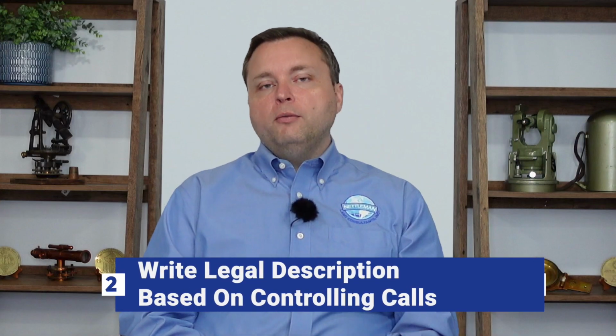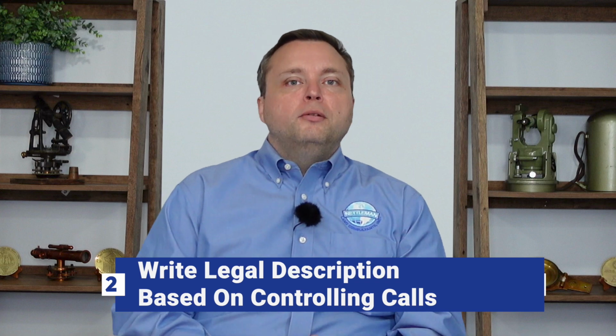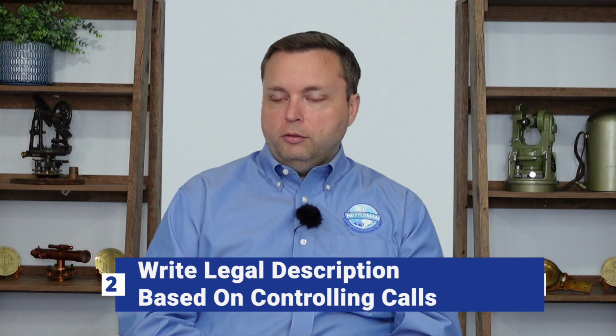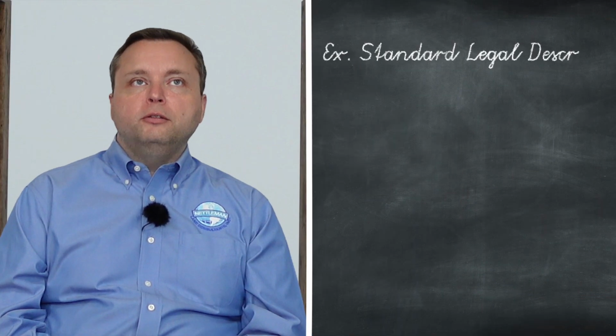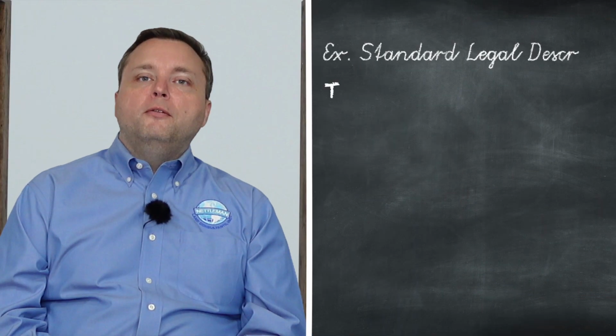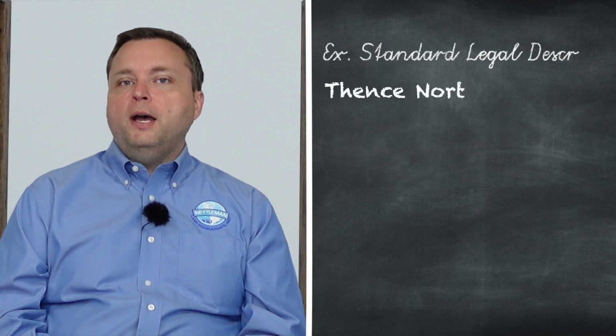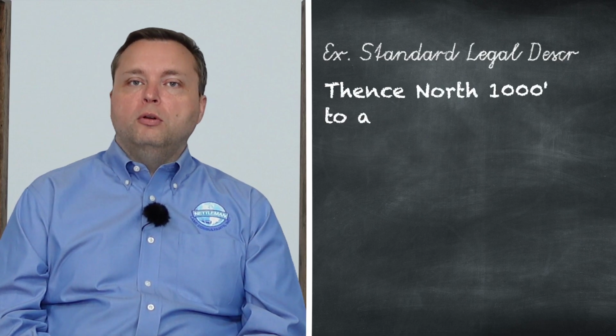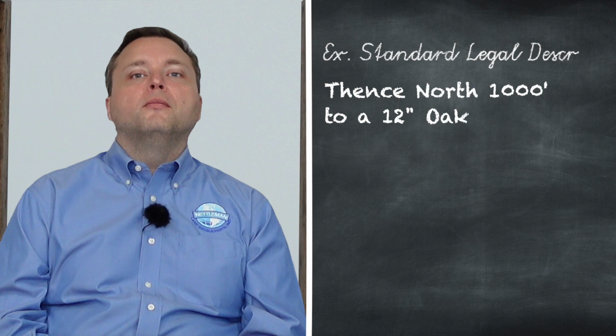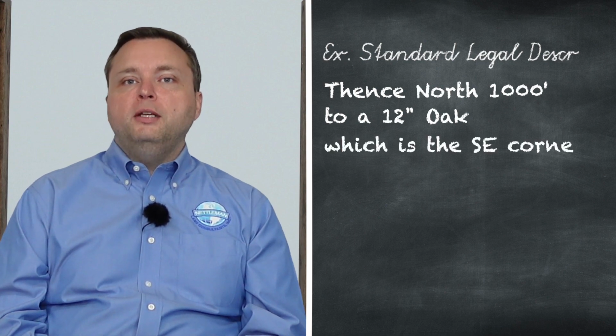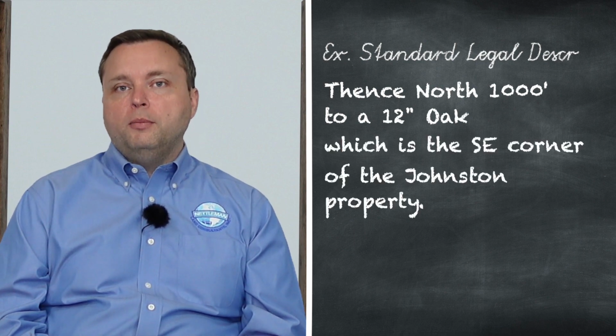Second, I write my legal description based on the controlling calls. So for example, a standard legal description may say, thence north 1,000 feet to a 12-inch oak, which is the southeast corner of the Johnson property.